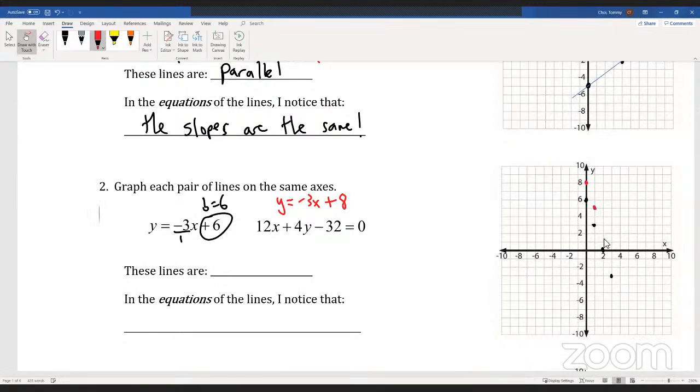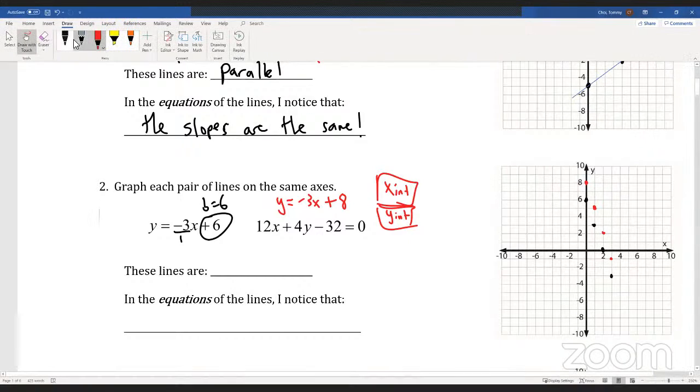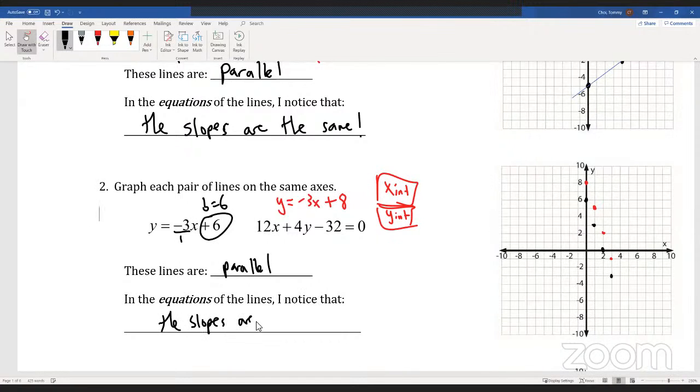And that would end up with something like this as the red line. If you didn't do that, maybe you plugged in and solved for your x-intercept and y-intercept. It doesn't matter which way you did it, you should get the same answer anyways. And this one as well, you should notice that these two lines are parallel again. And once again, I noticed that the slopes are the same.